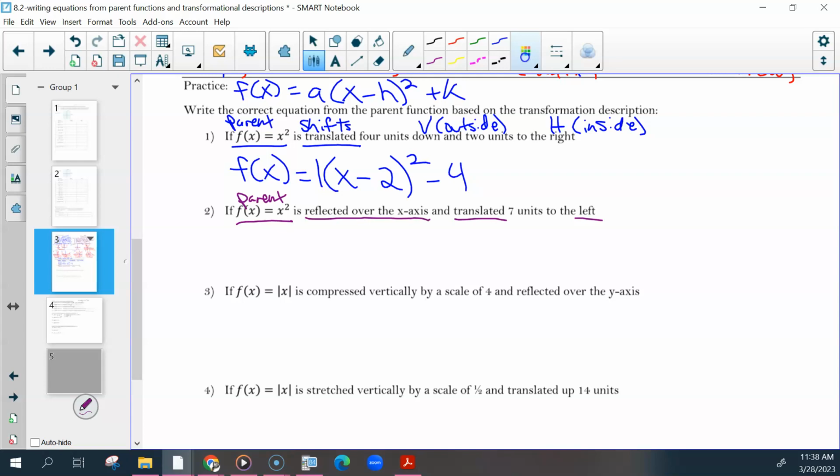and I'm reflecting over it, is that a vertical or a horizontal transformation? Vertical. And then translated 7 units to the left, would that be horizontal or vertical?